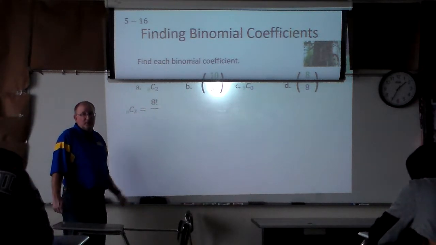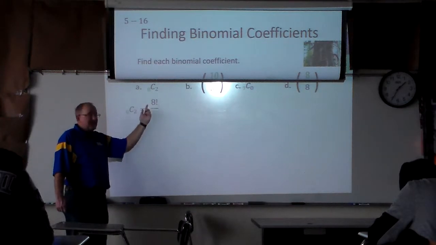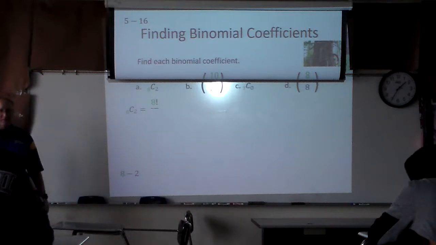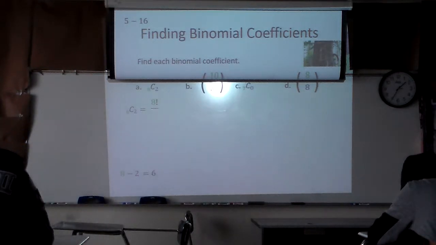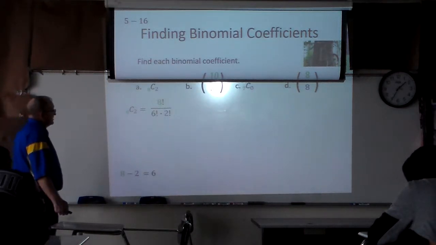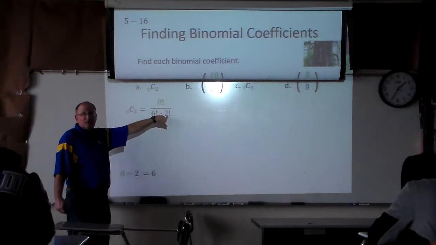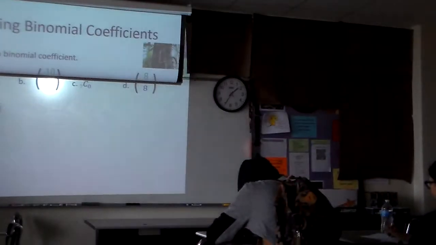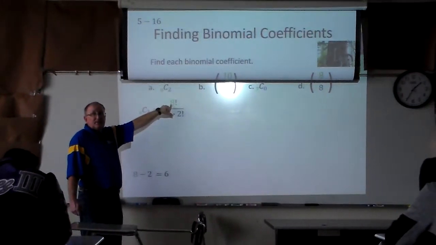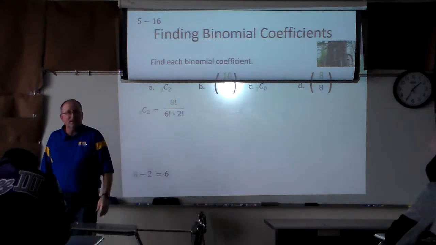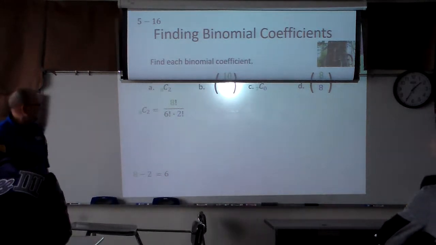How many x's are there? What's 8 minus 2? 6. So there are 6 x exponents and 2 y exponents, because that adds up to 8. That's all it's asking.